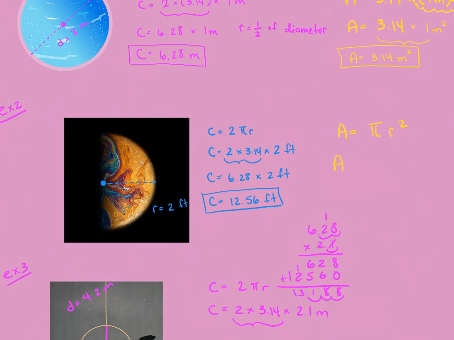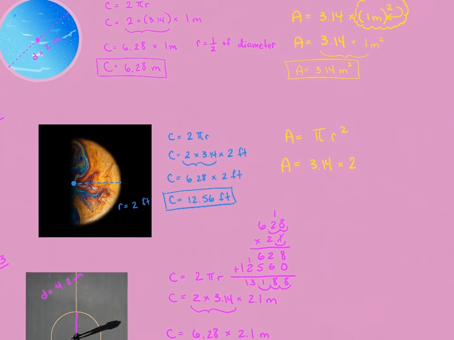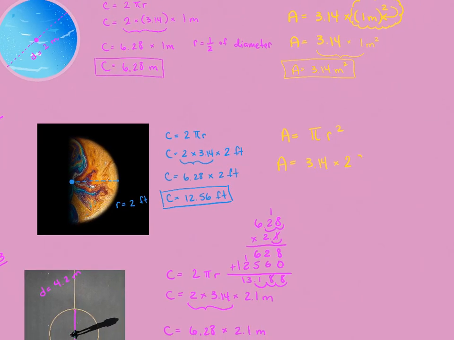So it's going to be area is pi, which is 3.14 approximately, times r, and the radius here in this funny example of the planet, remember it's 2 feet, and that's going to be multiplied to the second power. Okay, so 2 to the second power is 4 because 2 times 2 is 4. Let's do that first. And then feet to the second power is feet squared.